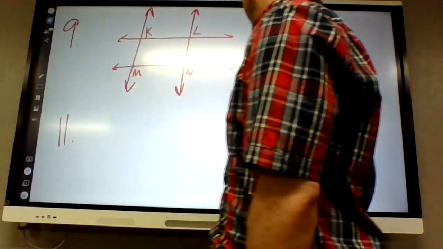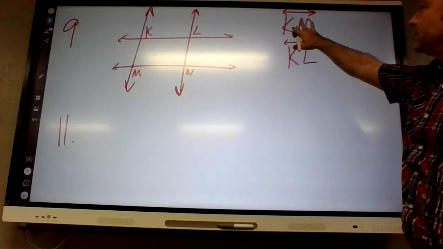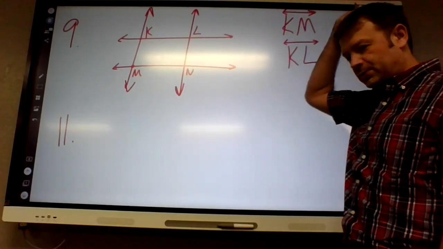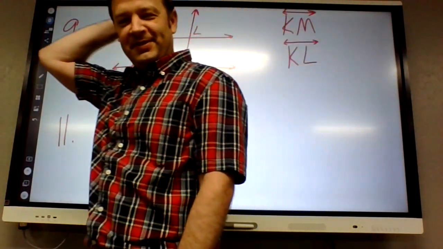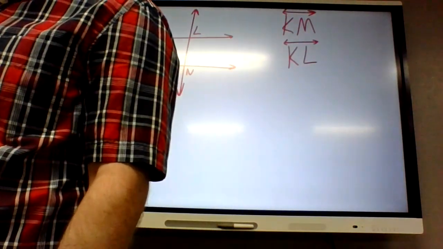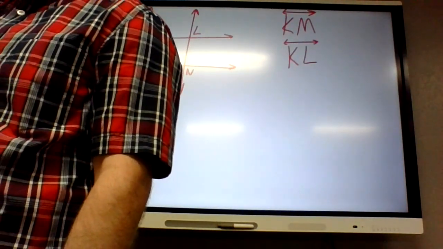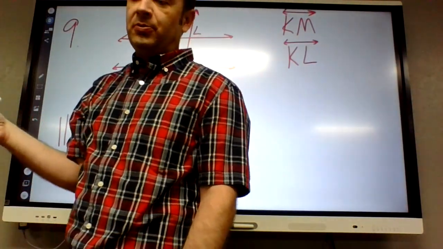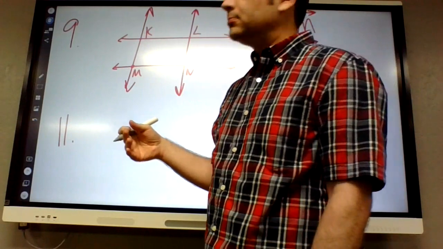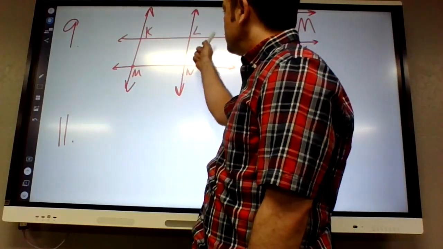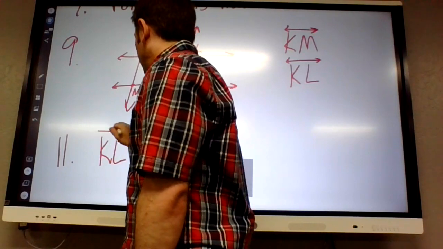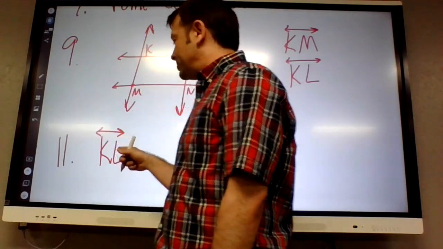Does the order of these letters matter? No. So when we grade it tomorrow, are you guys going to be confused? No. We'll see about that. Number 11. Which pair of lines appear to be parallel? We don't know for sure, but it looks like which lines are parallel. Line KL. You do need to put the line symbol.